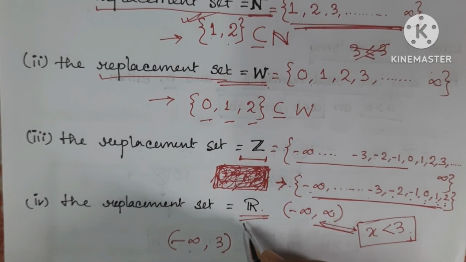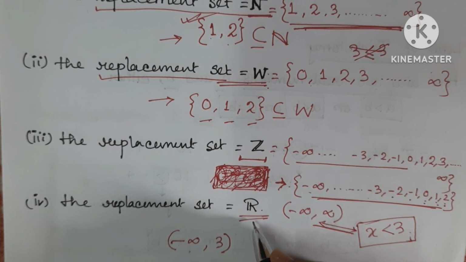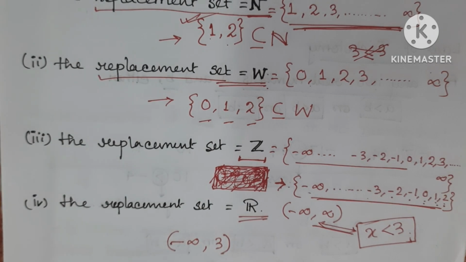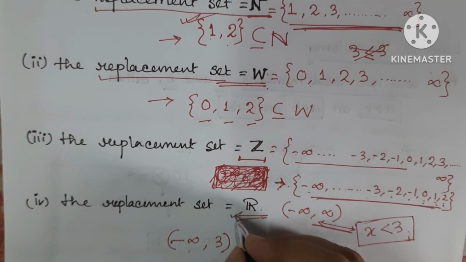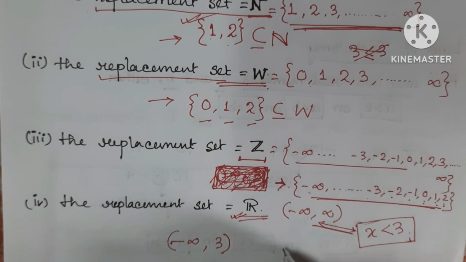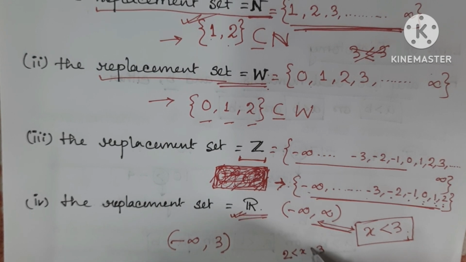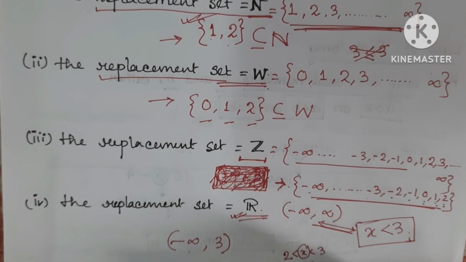Here this set is not a discrete set, because you cannot write all rational numbers and all irrational numbers here. If you consider this set of real numbers, between 2 and 3 there are infinitely many numbers included here. Why?